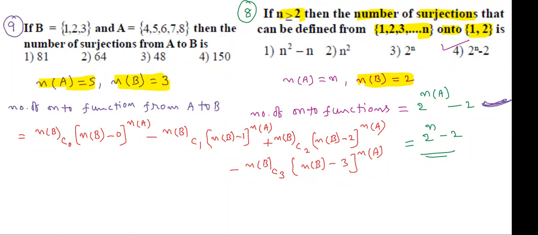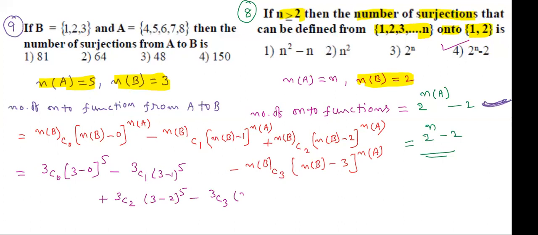Substitute here: 3C0 (3 minus 0) whole power 5, minus 3C1 (3 minus 1) whole power 5, plus 3C2 (3 minus 2) whole power 5, minus 3C3 (3 minus 3) whole power 5.